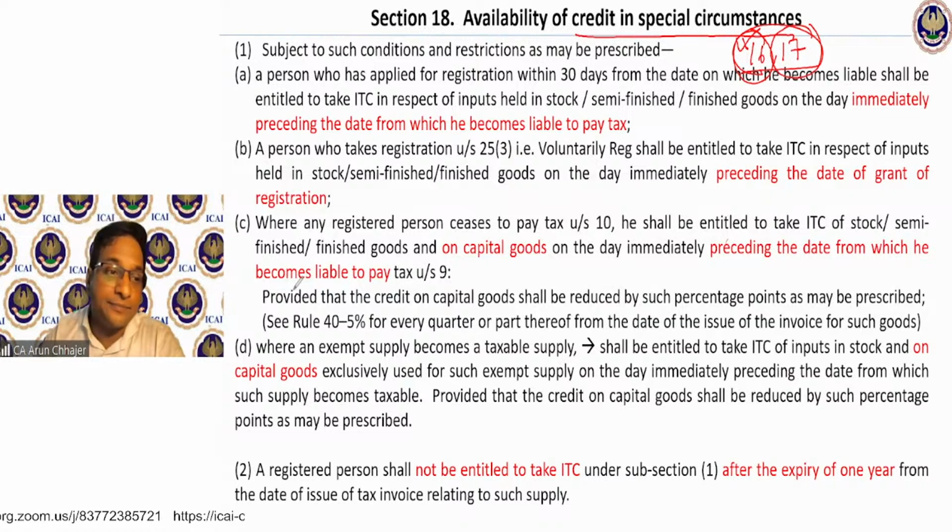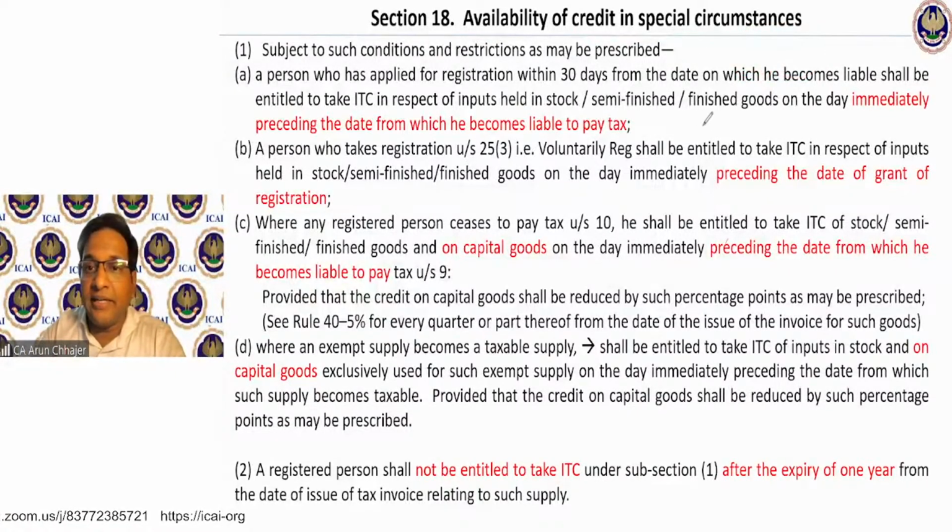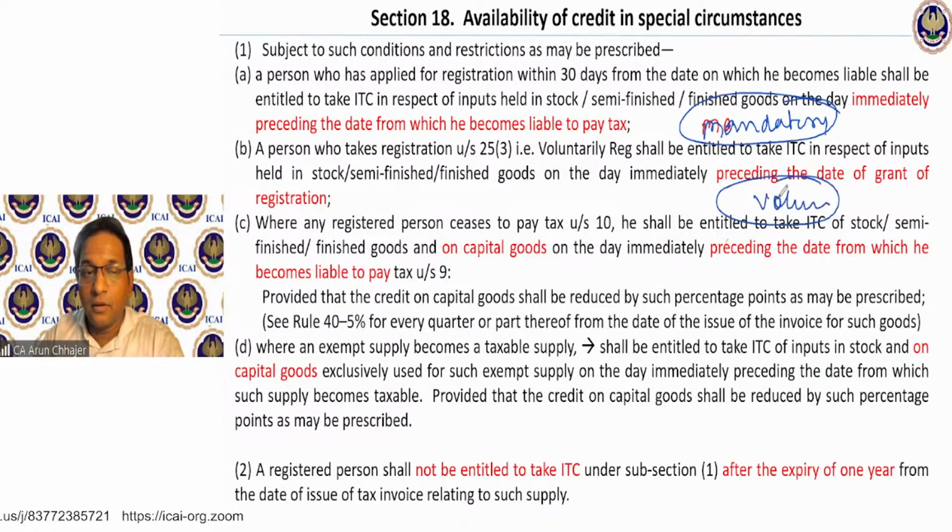I can say that I have taken the registration mandatorily. Mandatory registration. Or I have taken the registration voluntarily. Or my registration which was under composition, I have converted from composition to regular.